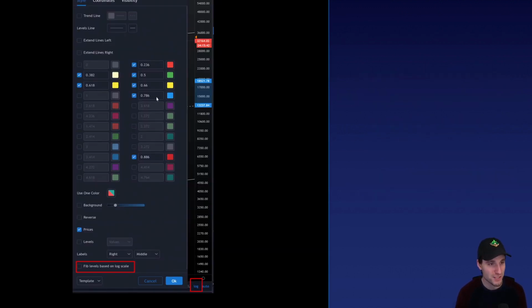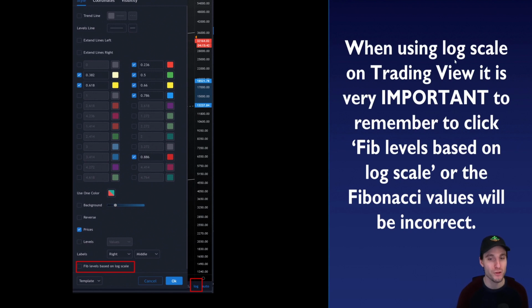Okay, and this is the thing that you need to be aware of. When using log scale on TradingView, it is very important to remember to click fib levels based on log scale, or the Fibonacci levels will be incorrect. So if you're switching into log, you're going to want to make sure log shows blue, and then when you do your fib retracements or extensions, you have to tick this box that says fib levels based on log scale.